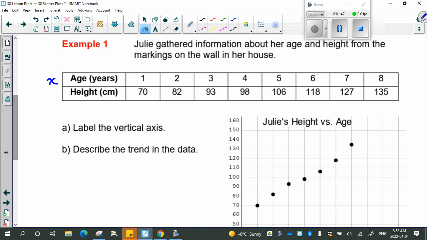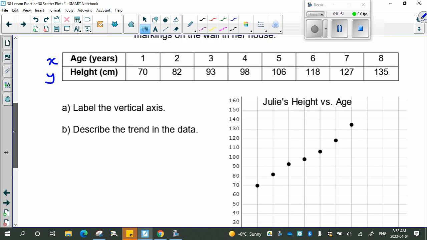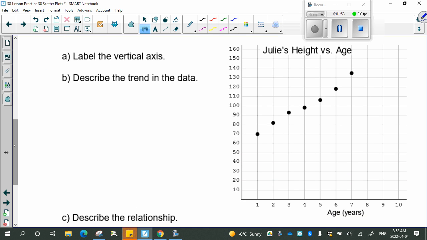And then the second column, even though it's horizontal, it's her height in centimeters. Let's make sure that is what happened. Yep, so this is our x-axis, and this is our y-axis. So we can see she doesn't have anything for 0, but when she was 1 year old, she was 70 centimeters. 2 years old, looks like 81 or 82.